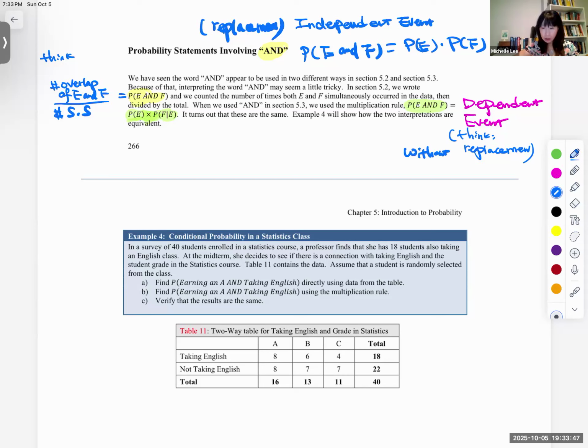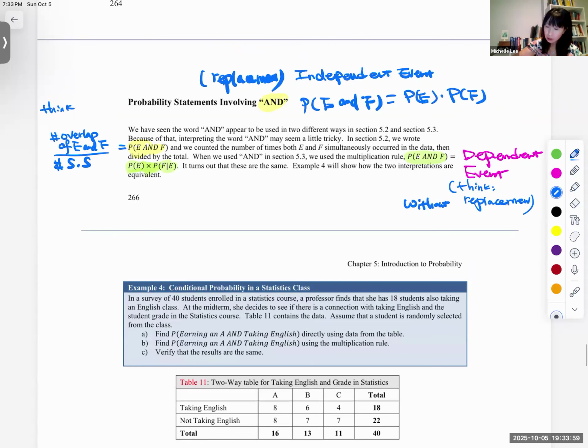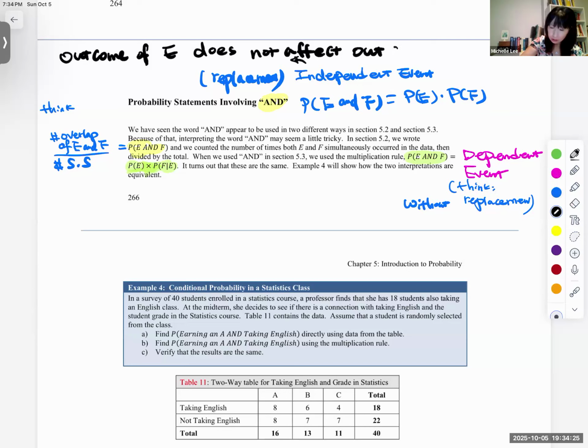Multiplication, yeah. Then if we are using and there are three different types, we have to know that, right? So independent event, once again, the outcome of event E does not affect the outcome of event F, yeah?